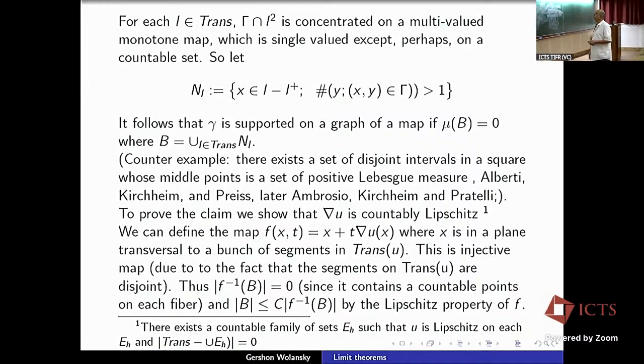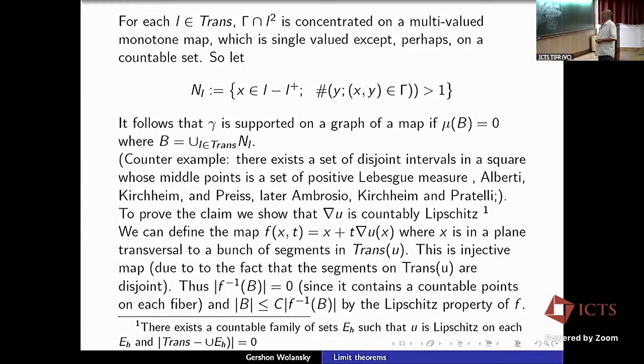There are counterintuitive examples studied by some mathematicians, including Talagrand here, of the existence of a disjoint union of intervals in a square whose set of middle points has positive Lebesgue measure in the square. This is a very unintuitive example, but it can happen.